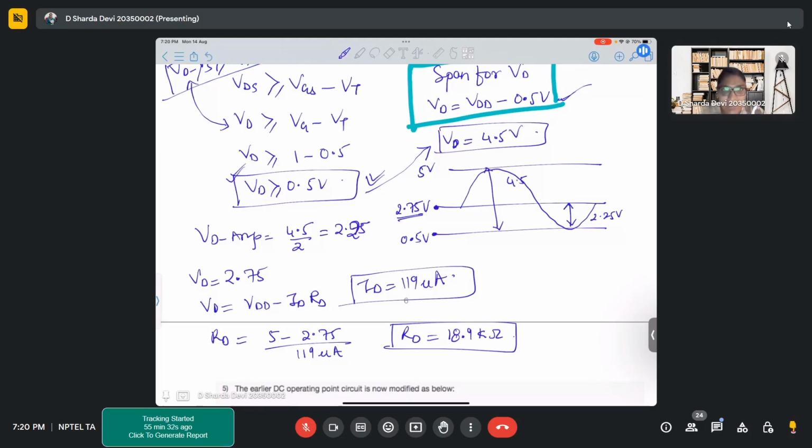And in that span, what is the biggest sine wave that you can fit? It is with the amplitude of 2.25, with the DC value of 2.75, right? So this is how we have solved. Any doubts?